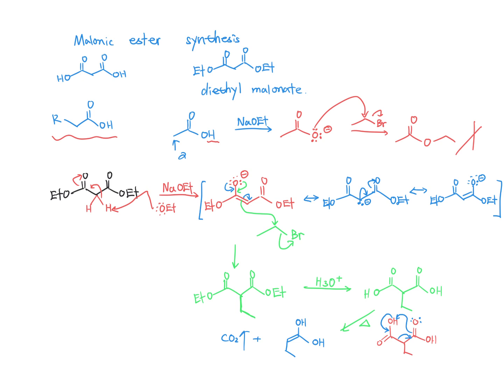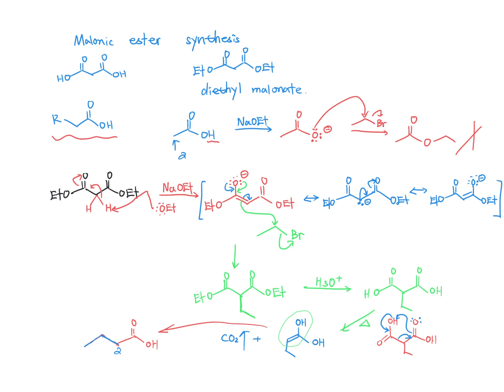So what we are seeing here is our enol. The enol is not as stable as a ketone, so it undergoes enol-keto tautomerization, and we are going to have our carboxylic acid with a new alkyl group at this alpha position.